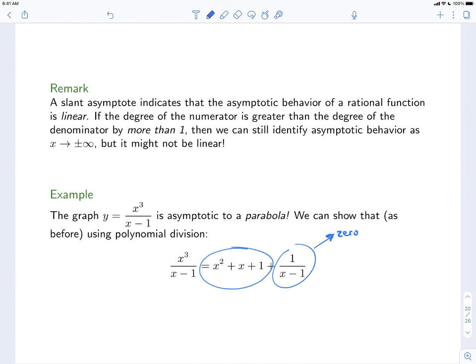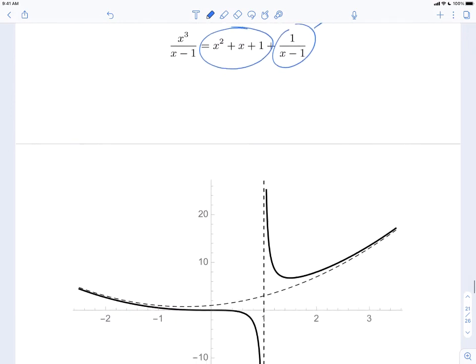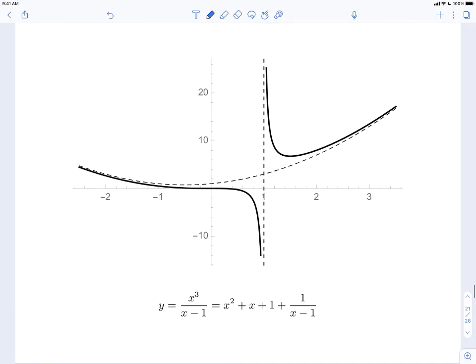We can actually see that if we look at the graph. The solid graph that you see here is the graph of the function y equals x cubed over x minus 1, and this dashed graph is the graph of the parabola y equals x squared plus x plus 1.